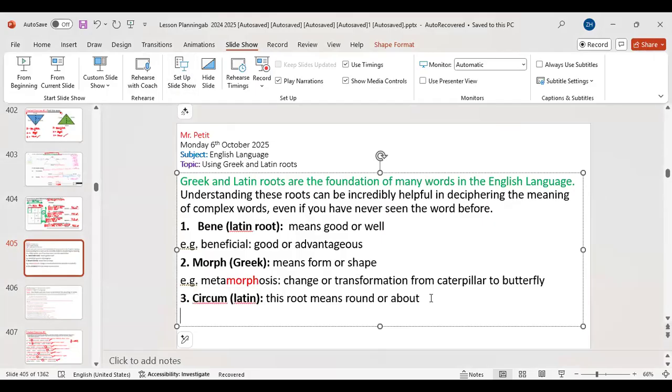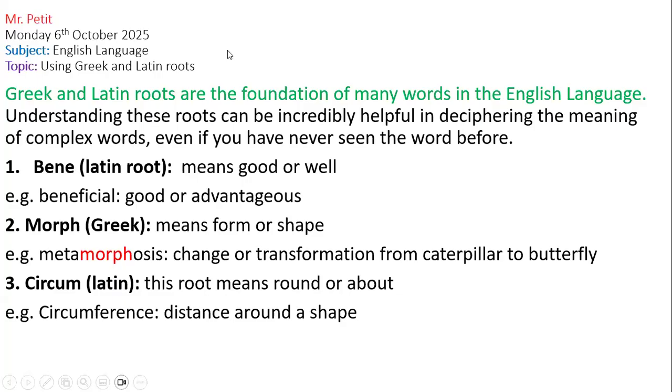For example, circumference is the distance around a shape. Do y'all understand this so far? Let me know. Circumcised is definitely one, yes.